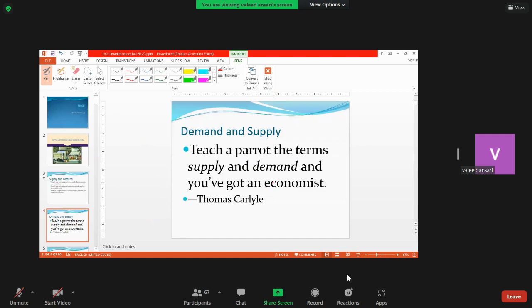And the idea is that in order to understand any phenomena of price, we should understand the basic framework of supply and demand, because this is the bedrock of understanding various economic phenomena. That is why this framework is widely used.